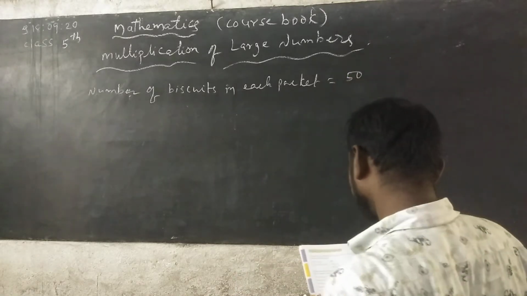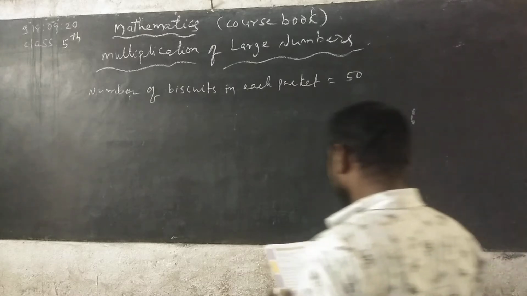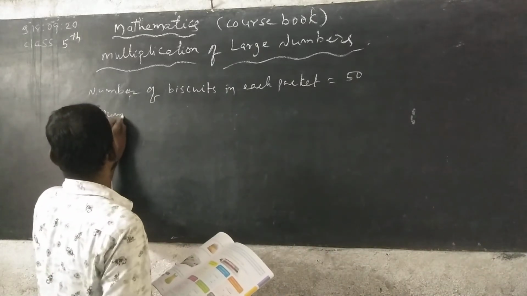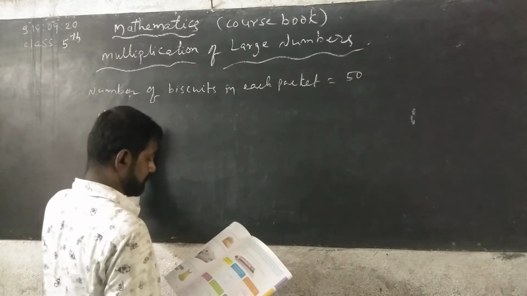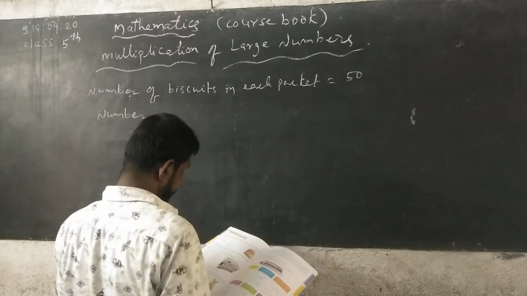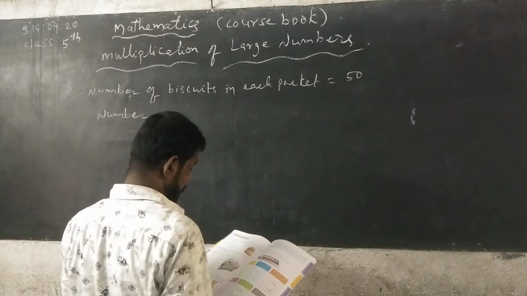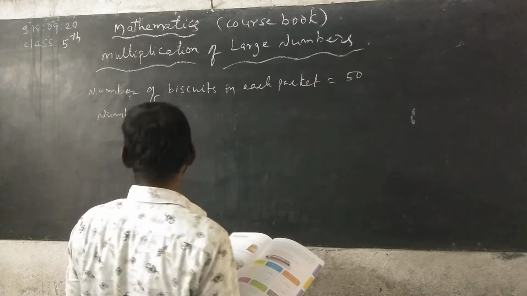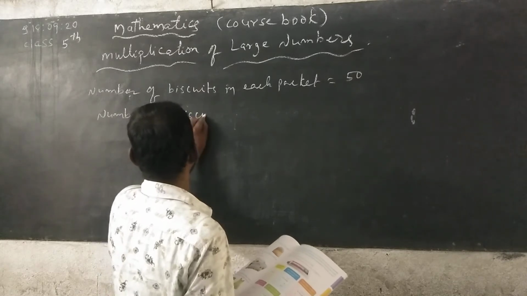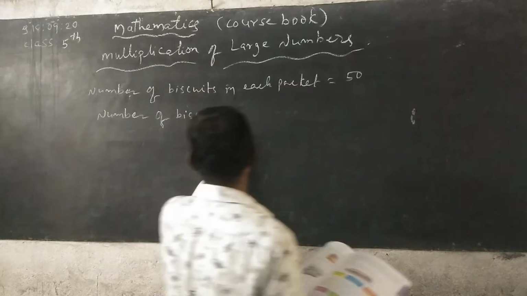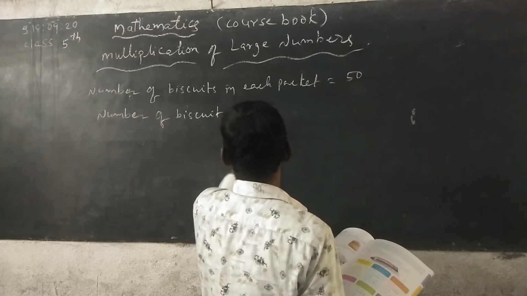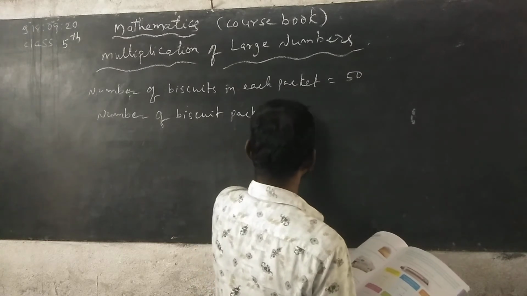So, number of cartons. Number of biscuit packets is equal to 20.